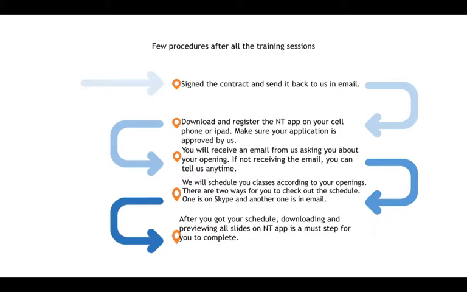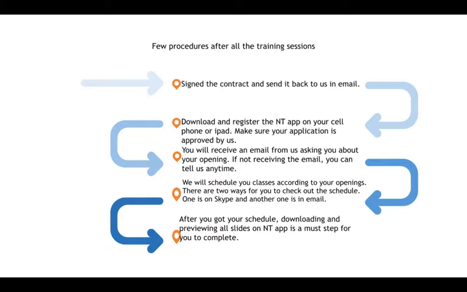Make sure your application is approved by us, because if you apply and you're not approved, you still can't teach. So make sure you're approved. You will receive an email from us asking you about your openings. If you don't receive an email, you can ask us for it anytime. The email will be sent to you every week asking for your schedule for the following week.